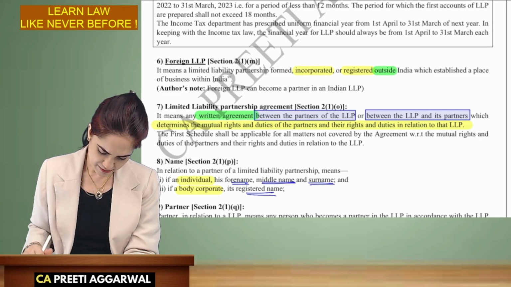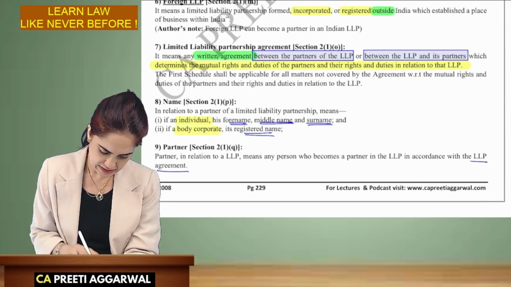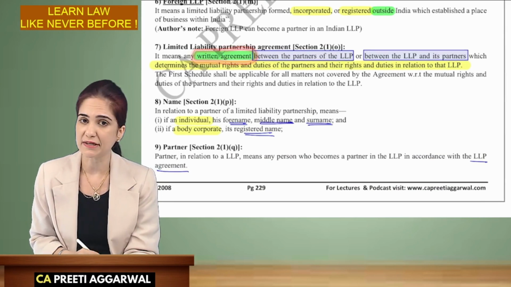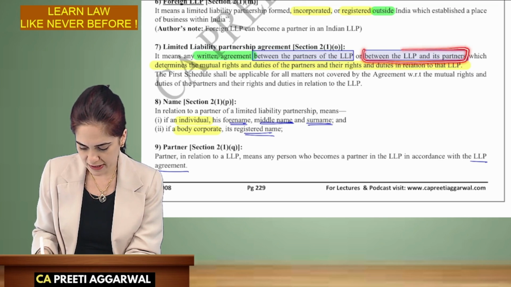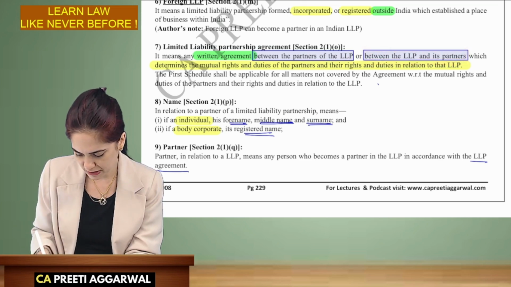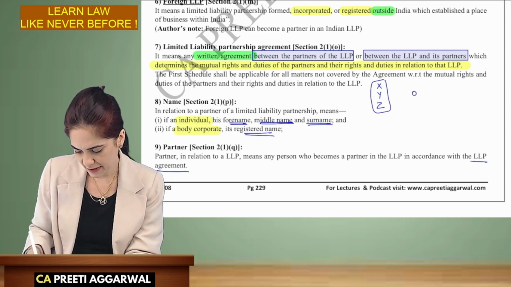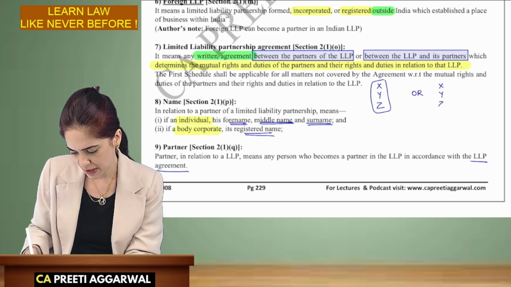Then we have the Limited Liability Partnership Agreement. It is a written agreement, I have highlighted the keywords, between the partners of the LLP or between the LLP and the partner. So as I mentioned earlier, it is an agreement between the partners, that is XYZ, or it is between XYZ and XYZ LLP.